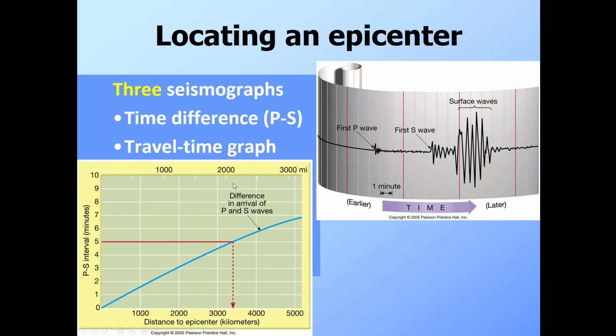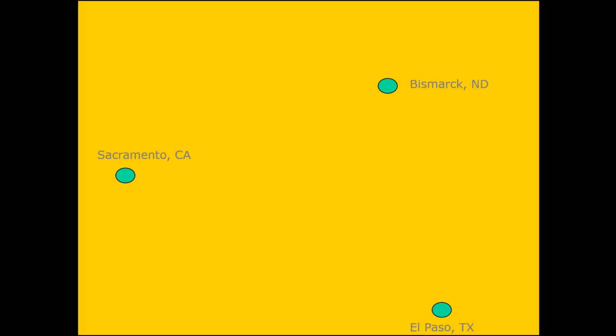If we read up, that tells us that we were maybe about 2,100 miles away from that earthquake. And if we read down, that tells us that we were about 3,400 kilometers away from that earthquake. So then what you can do with this information is draw a circle around your location with a radius of the distance that you just determined on that time travel graph.